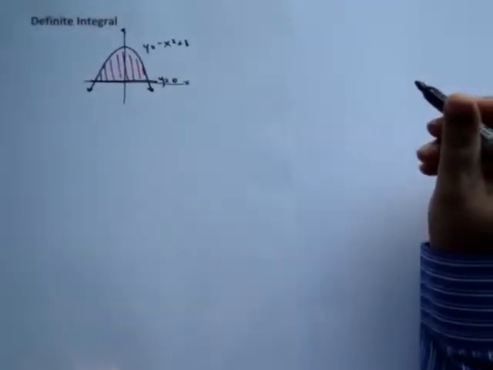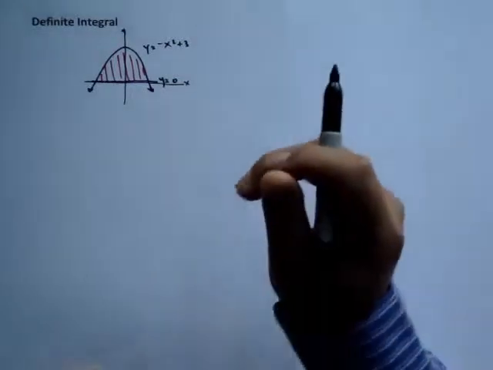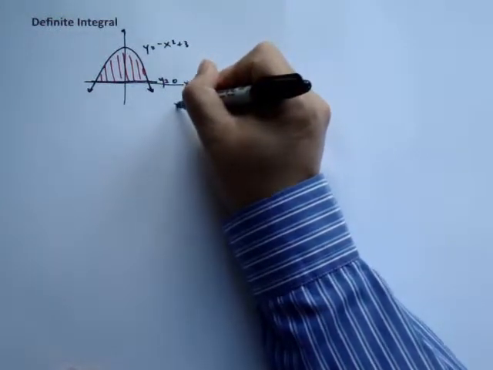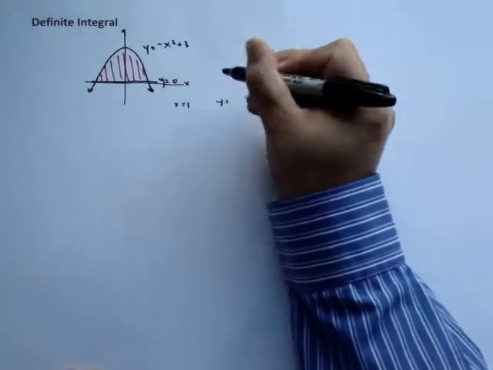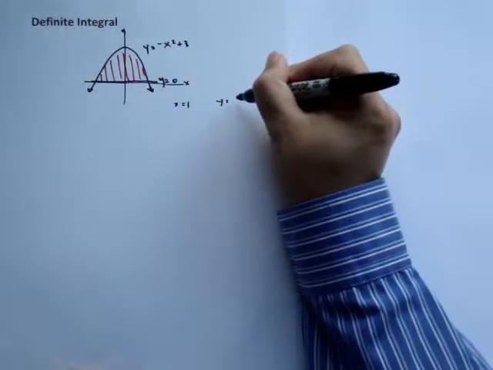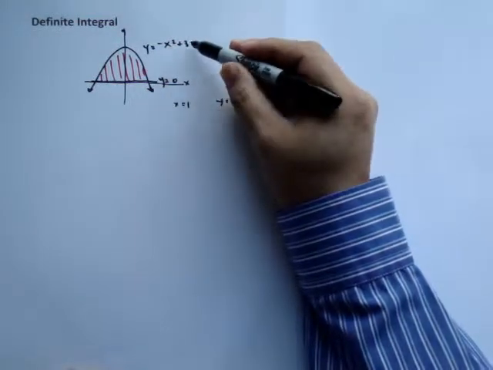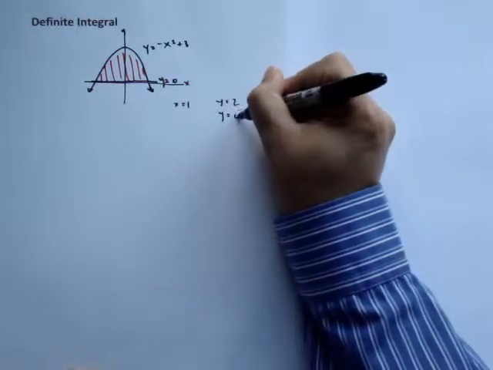Now the first thing we want to do, or we should do, and if we make that habit, is to find out which is the upper function. So if we choose an arbitrary value, say 1, at x equals 1, for this function f of x, y would equal minus 1 squared, which would be minus 1, plus 3, which would be 2, and for this y equals 0.